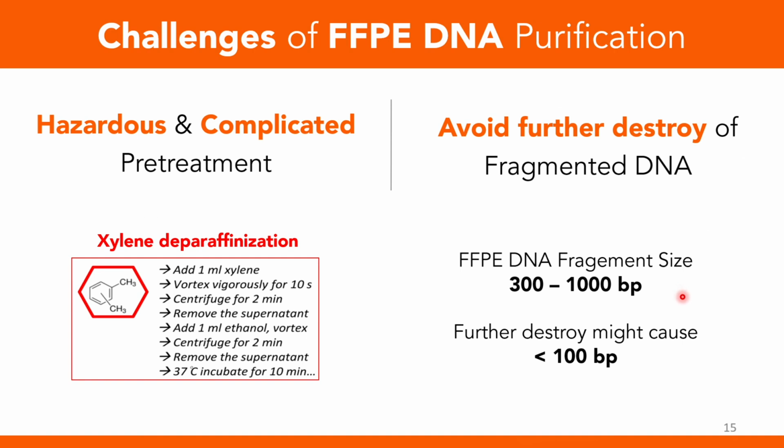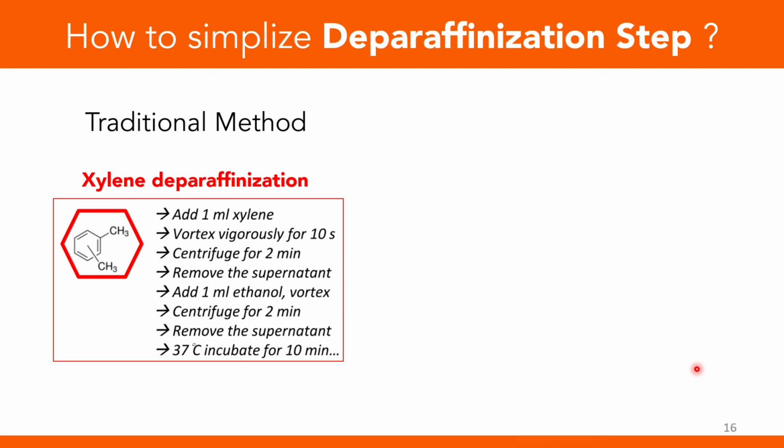But due to the purification procedure, if we do not take care of the DNA, normally we will further destroy it, fragmenting the DNA into smaller pieces, like less than 100 base pair. If this happens, it will be very difficult for following detection. So we need to avoid further destruction of fragmented DNA. So these are the two challenges of FFPE DNA purification.